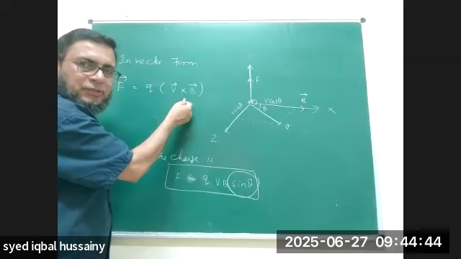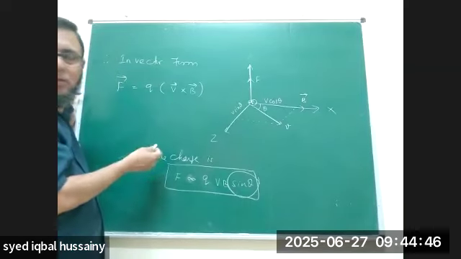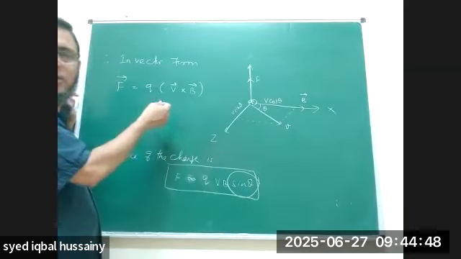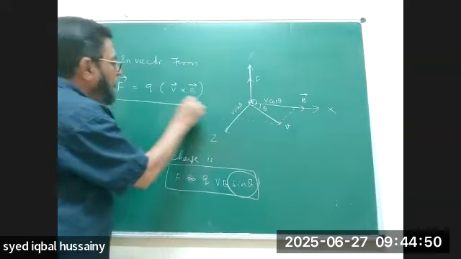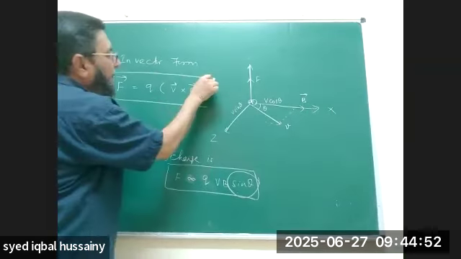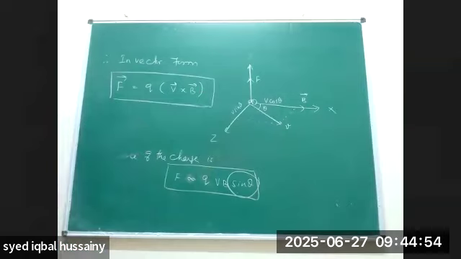Cross product. If cos theta, what should we use? Dot product. Remember, F is equal to q into v cross B.